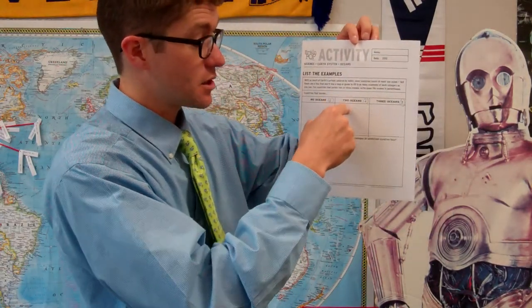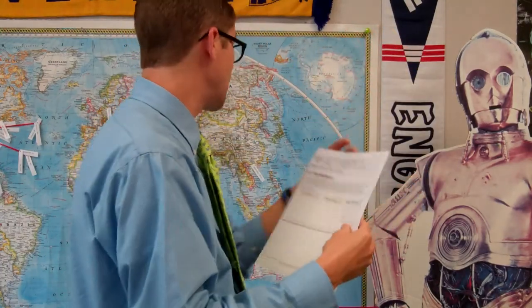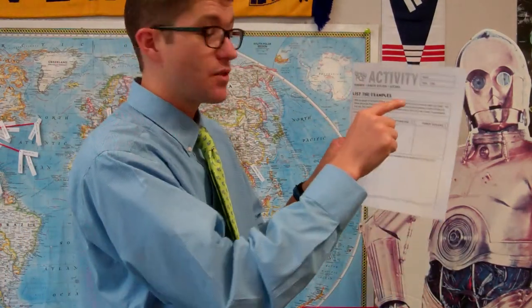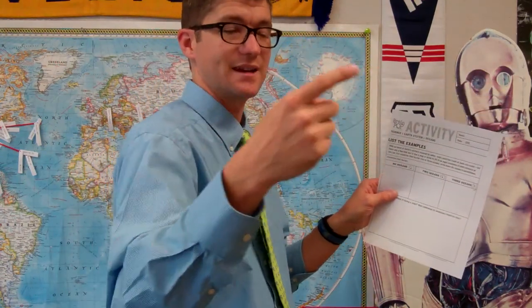The assignment should have 6 countries that touch no oceans, landlocked countries like Bolivia and Paraguay. 6 two-ocean countries, countries that touch 2 oceans, places like Australia that touches the Pacific Ocean and the Indian Ocean, South Africa which touches the Indian and the Atlantic. 6 of each. They also need the 3 countries that touch 3 oceans, Canada, United States of America, and Russia.